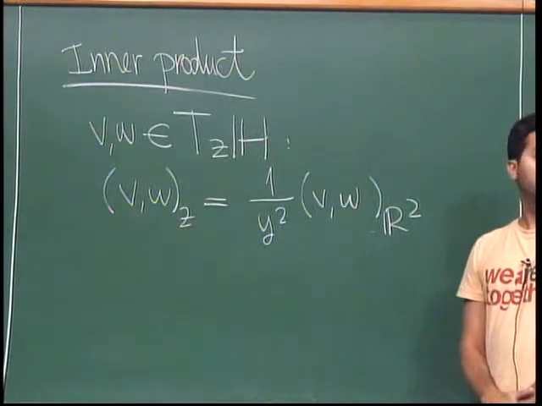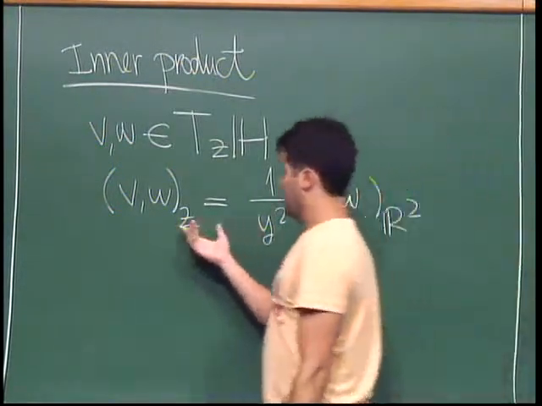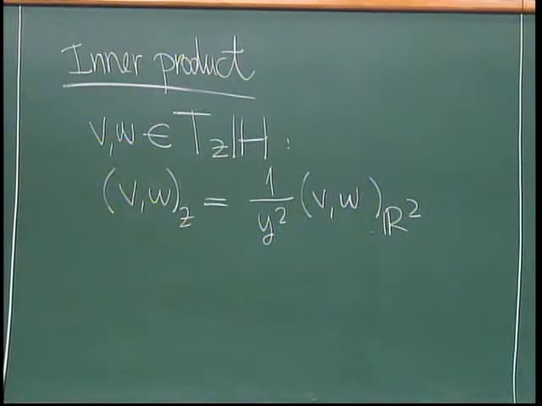Okay? So first of all, it's well defined because if z belongs to the hyperbolic plane, then y is positive, so you're not dividing by 0. Okay?